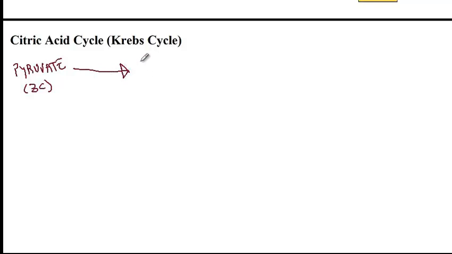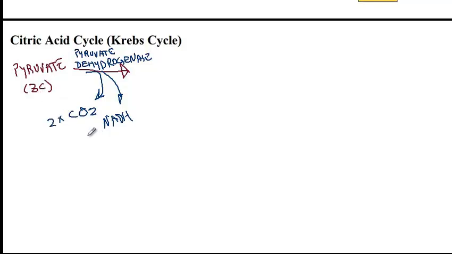With the help of the pyruvate dehydrogenase enzyme, a CO2 molecule will be lost and an NADH molecule will be produced. And remember, a glucose yielded 2 pyruvate, so therefore everything is multiplied by 2 if we want to know the fate of one glucose molecule that we are discussing here.